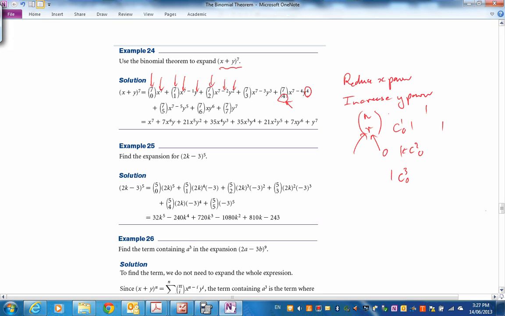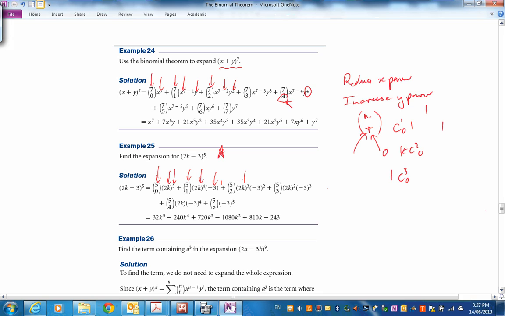Alright, what about the expansion of 2k take 3 to the 5th, which we did before? So it's 2k to the highest power, which is 5, and we start off with C5 0. Okay, then we go to 1 less power of k and bring neg3 into the game. So it's then neg3 to the 1, and it's C5 1.